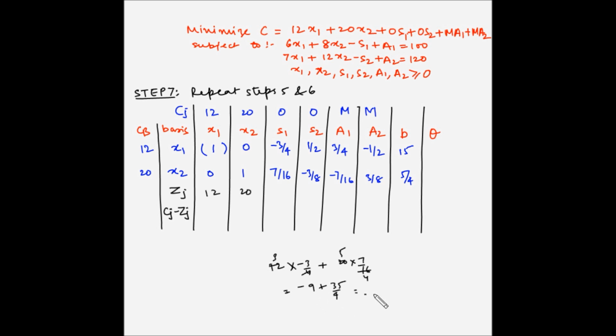So 4 is the LCM. 9 4s are 36, so minus 36 plus 35, minus 1 by 4.